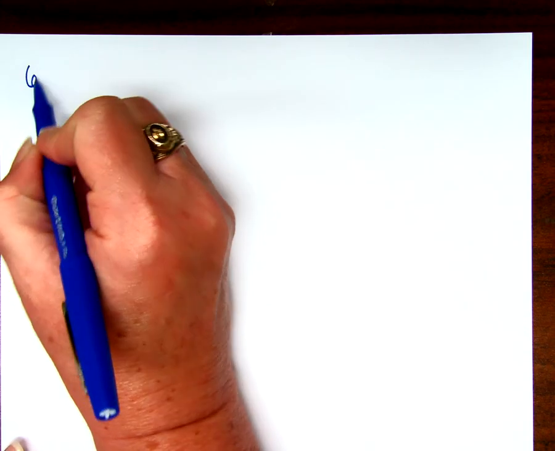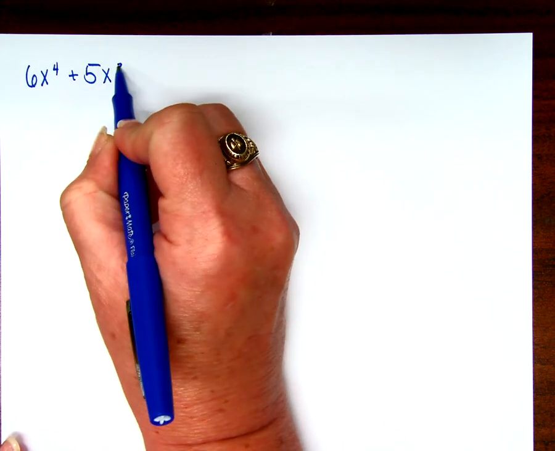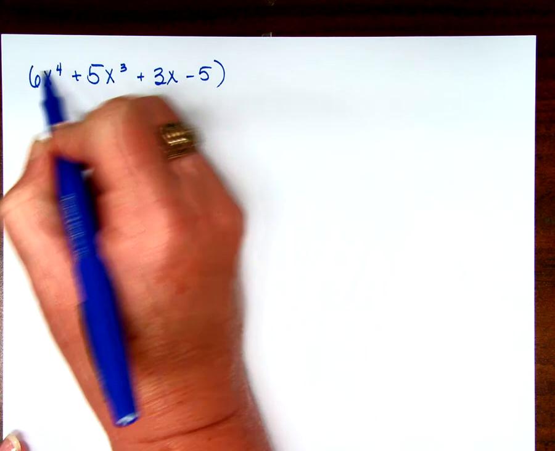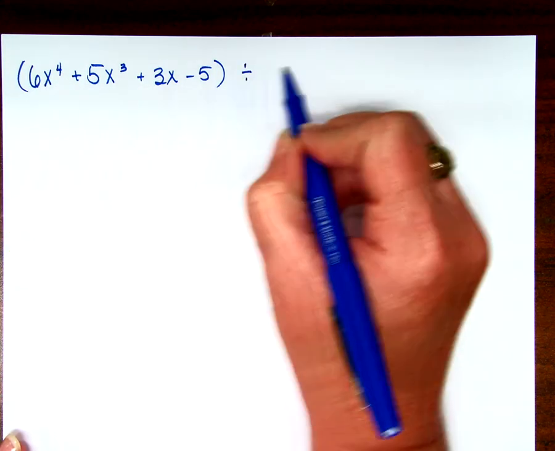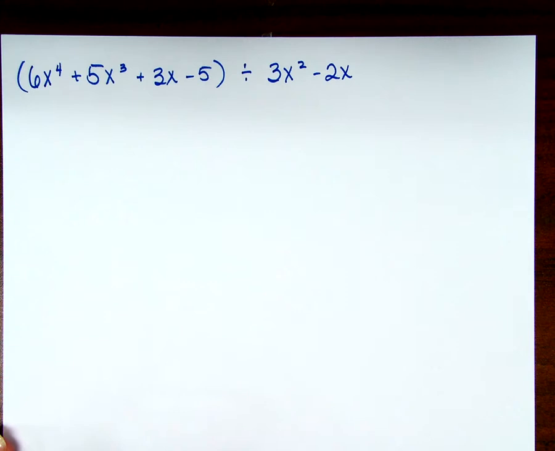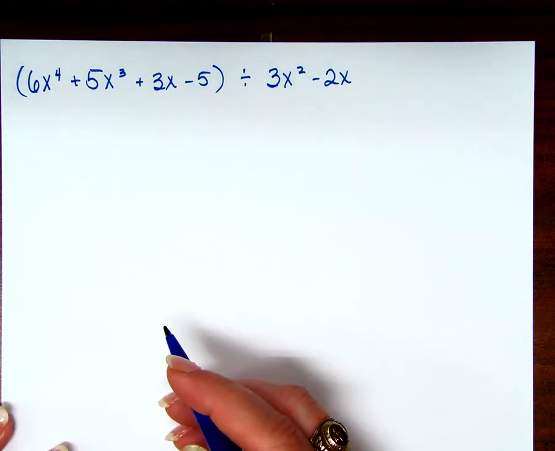Okay. 6x to the 4th plus 5x to the 3rd plus 3x minus 5 divided by 3x squared minus 2x. So how do we set this up if we're doing long division?